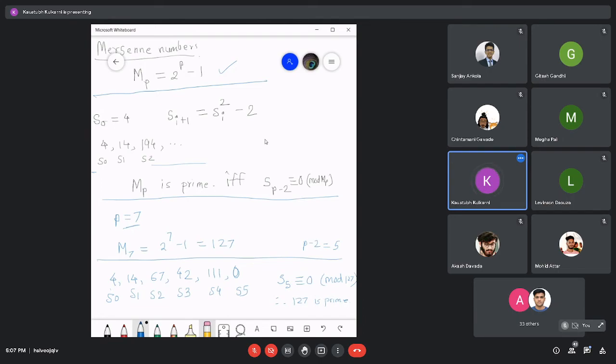So, what are we doing in this case? We want to generate large prime numbers. We generate the number using this formula, Mp equal to 2 raised to p minus 1, where p is a known prime. Then using this test, we can check whether the result, that is Mp, is prime or not.